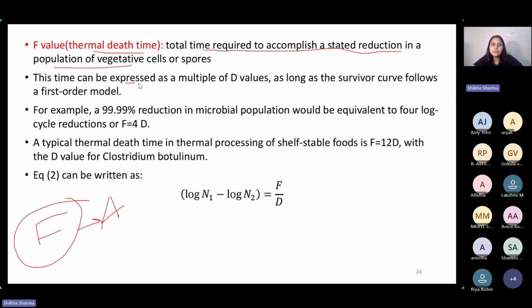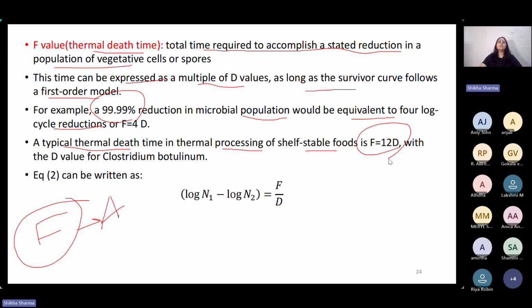So this time can be expressed as a multiple of D values as long as the survival curve follows the first order model. For example, a 99.99% reduction in microbial population would be a 4 log cycle reduction, or F equals 4D. A typical thermal death time in thermal processing of shelf stable food is F equals 12D.